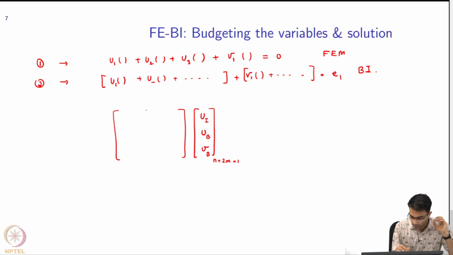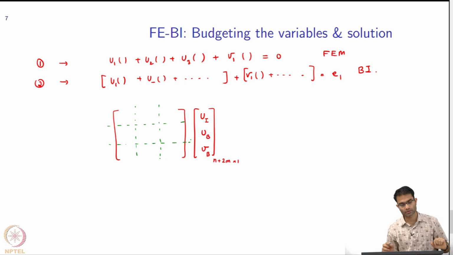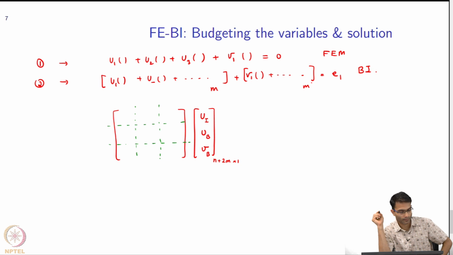Now I am going to partition this into three parts. The second equation will have m and m variables, m of them and m of them. The first are u's, and the next are v's.